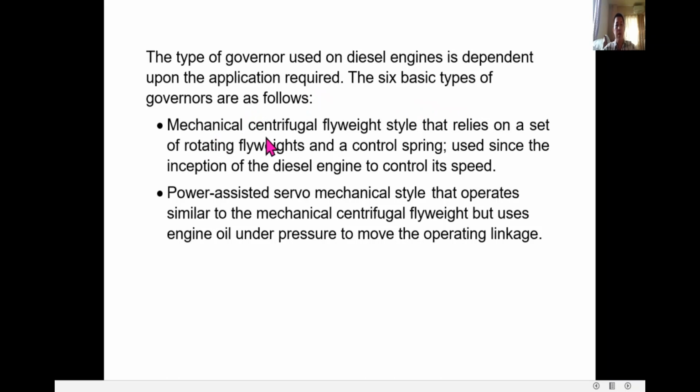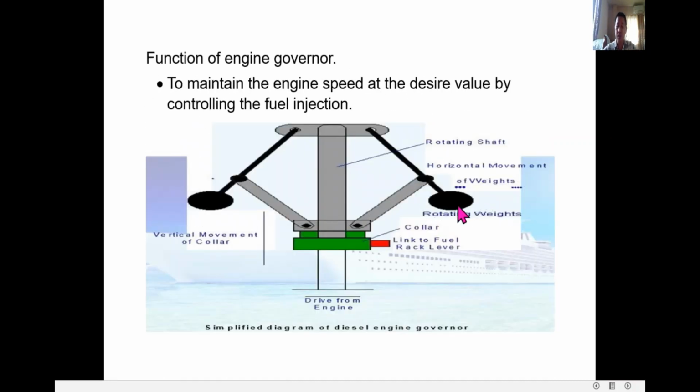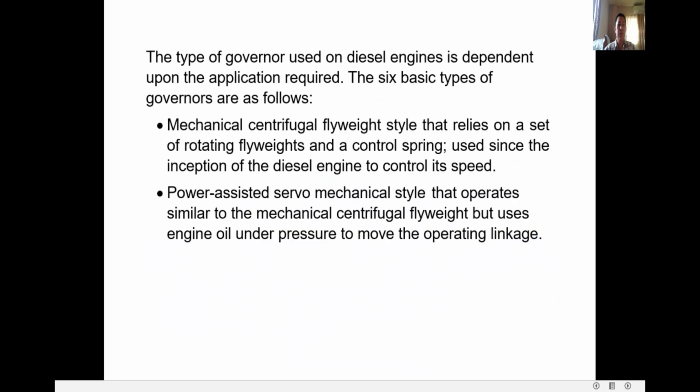Mechanical, centrifugal flyweight style that relies on a set of rotating flyweights. As you can see here, there are flyweights, and a control spring, used since the inception of the diesel engine to control speed. We have also power assisted servo-mechanical style that operates similar to the mechanical centrifugal flyweight but uses engine oil under pressure to move the operating linkage.